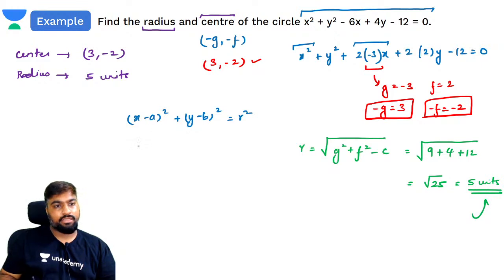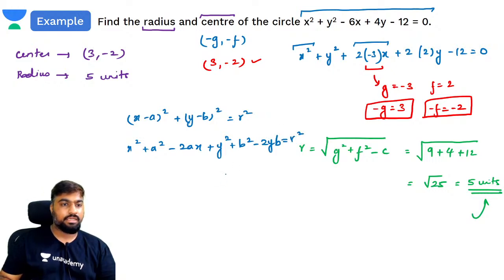If you expand it, you get x square plus a square minus 2ax plus y square plus b square minus 2yb is equal to r square. So a square, b square, r square will all be equal to minus 12, and the rest.